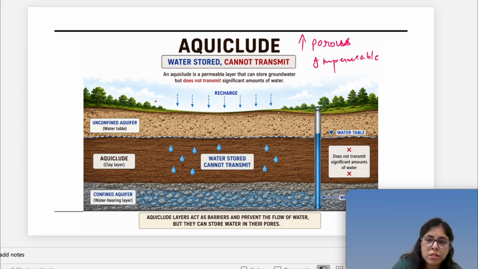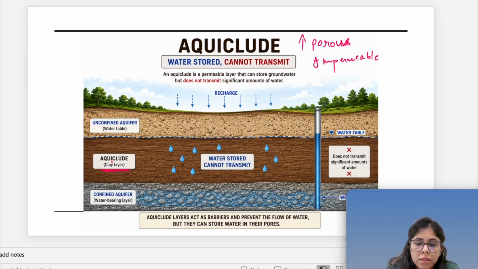Aquiclude is basically clay layers, right? Clay is very highly porous, but if water comes in, we can't simply drain the water from it, so it's impermeable. Clay is one of the best examples of aquicludes. That means water can be stored but it cannot transmit, right?